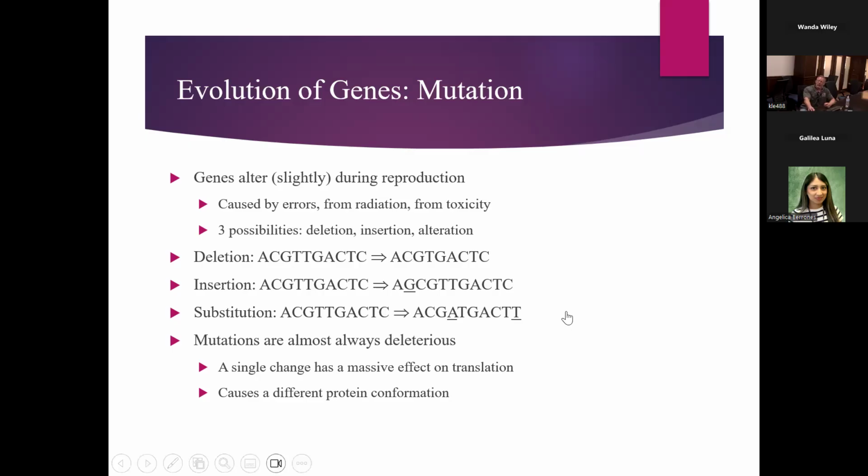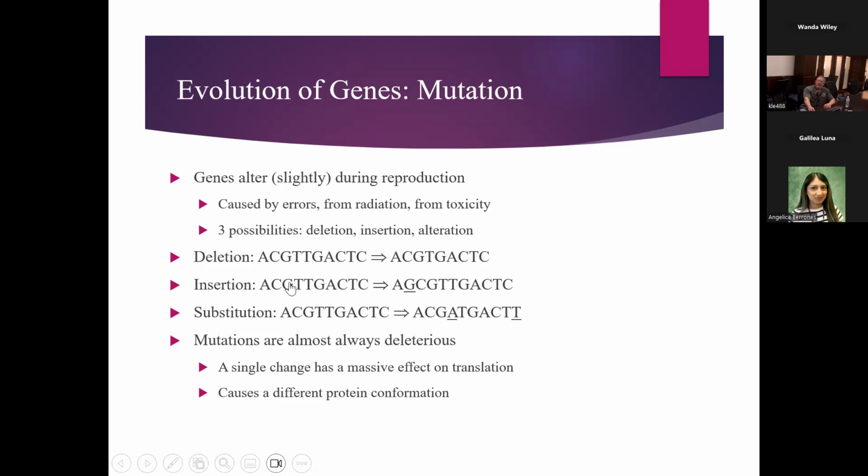And so we can have mutations arise because a base got deleted. Maybe this should have been a C, but it gets changed into a G for some reason. Maybe this right here got an extra letter inserted in. Maybe this T instead gets substituted with an A. Maybe you have a base, this extra T here, that gets deleted.